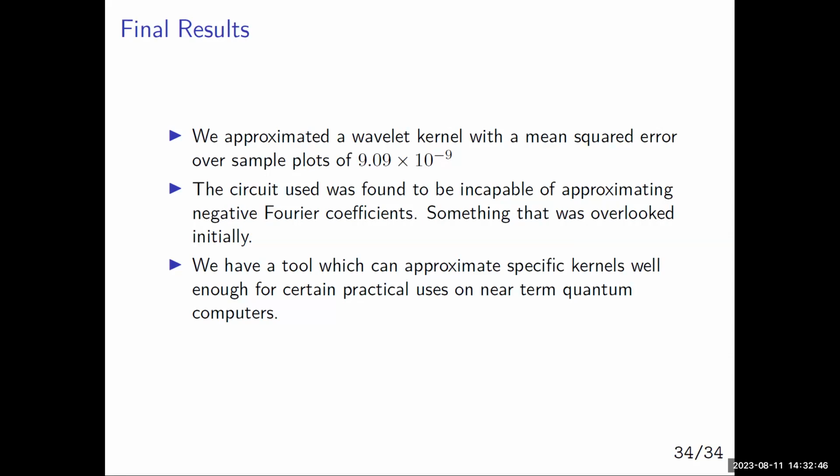So if your numbers are on any scale bigger than that, it should be an accurate enough approximation. Yeah, but in the end, we're left with a tool where you can actually approximate a large family of kernel functions on a near-term quantum computer. But it has yet to be run on a physical one, but in theory.